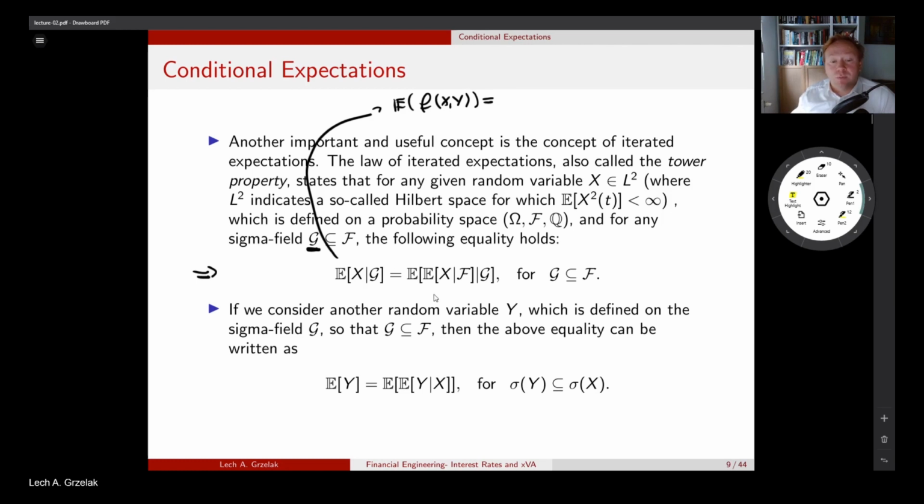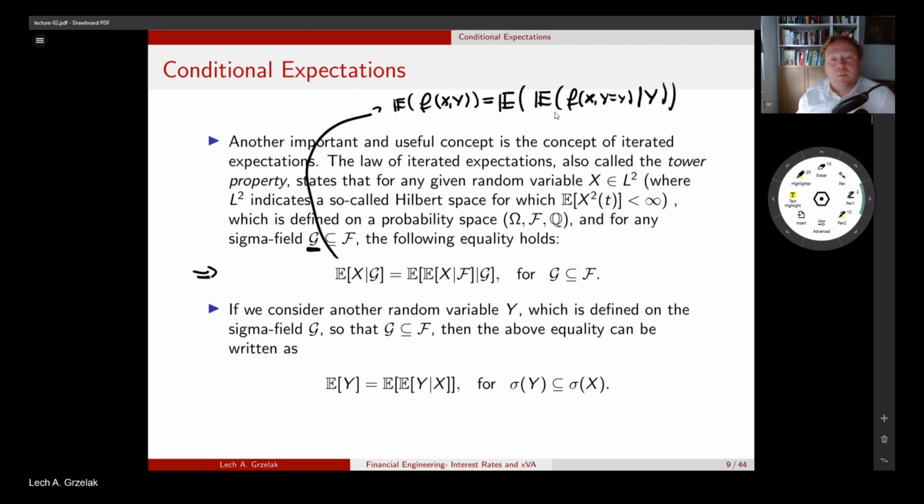But what we can do is, because of this property here, we can condition our expectation. So we take the expectation, and we have also a second expectation of our f(X, Y) given Y, so we condition on Y. So basically what it means is that this is Y here, small y.